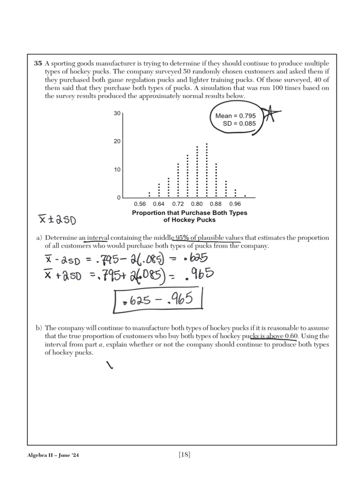So if you read Part B, they're saying that the company is going to continue to manufacture both types of hockey pucks as long as the proportion of customers who buy both types is above 0.6. So using this interval from Part A, explain whether or not they should continue to produce both types of hockey pucks.